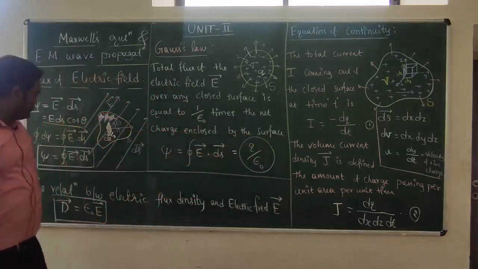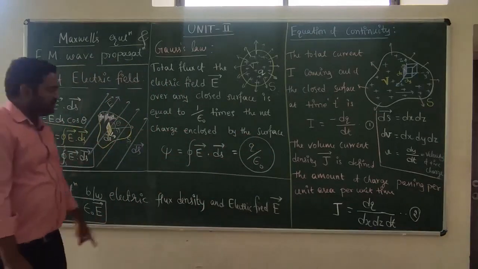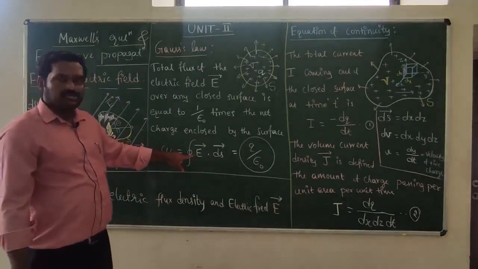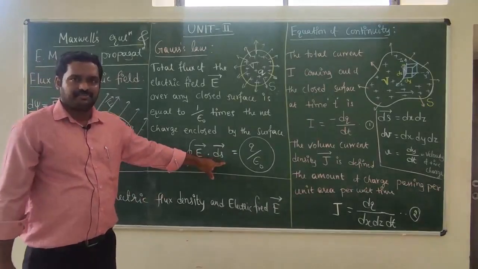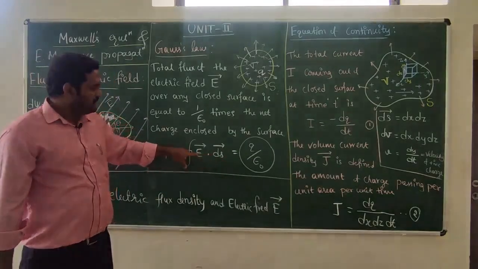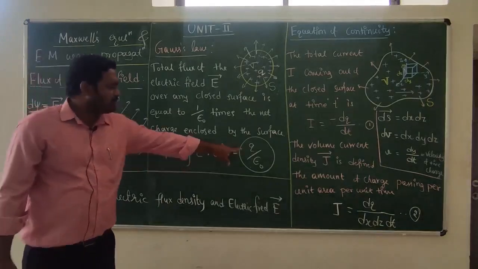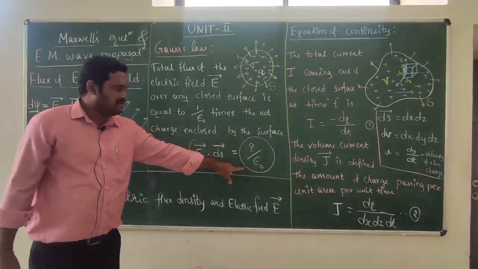What is the total flux? Total flux psi is equal to the closed surface integral of E dot ds. This represents the total electric flux through the closed surface of area S, which is equal to Q by epsilon naught. This is Gauss law.